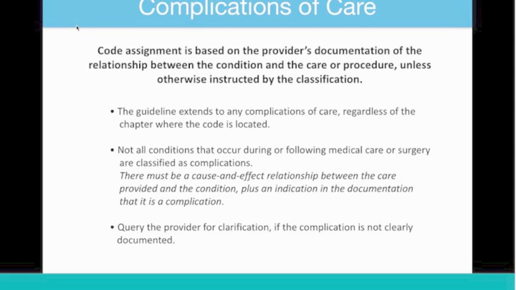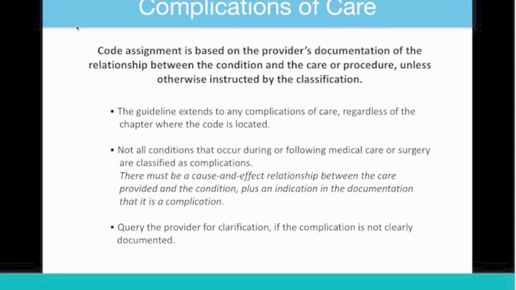Documentation of complications of care. Code assignment is based on the provider's documentation of the relationship between the condition and the care or procedure unless otherwise instructed by the classification. This extends to any complications of care or conditions that occur during or following medical care or surgery and are classified as complications.